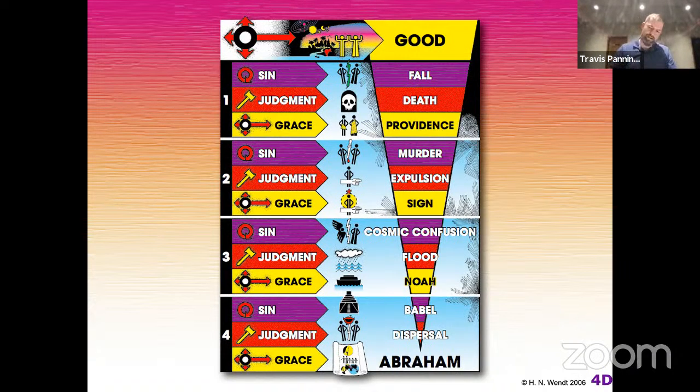Yeah. The point of this exercise is that Genesis chapters 1 through 11 are a prelude, an overture, if you will. If you've ever been to a symphony or an opera or a musical, the overture is what happens with the orchestra.